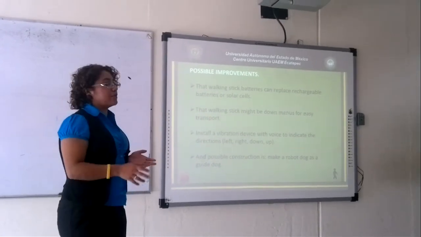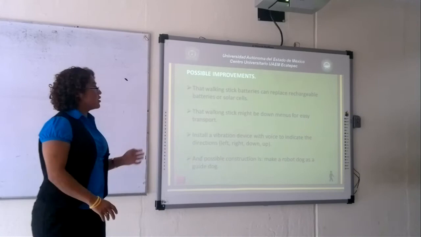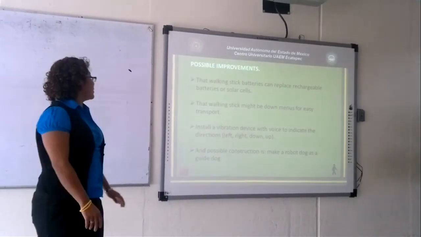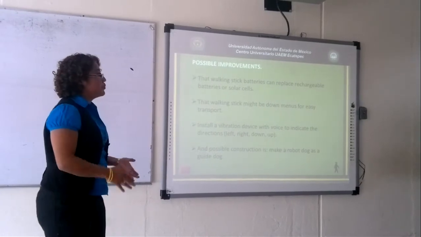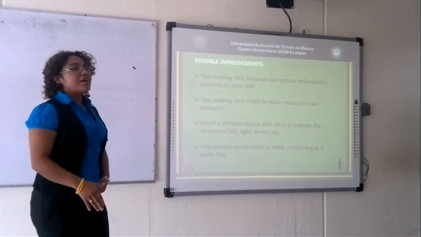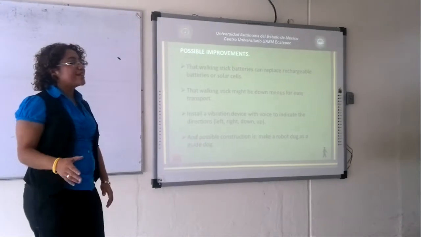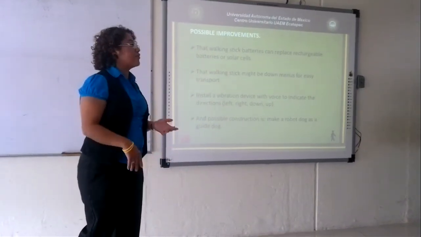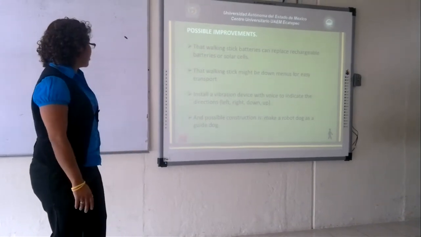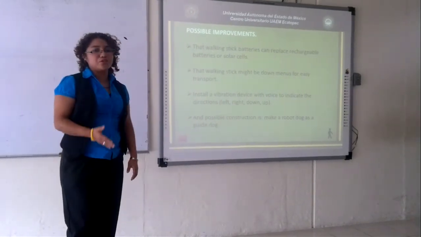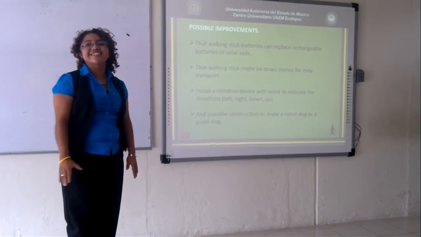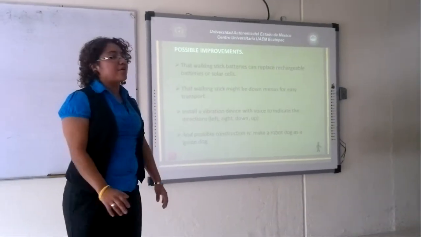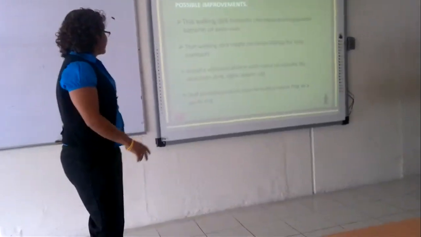The walking stick might be made for public transport, and maybe also install vibration with voice to indicate the direction: right, left, down, up. And possibly make a robot as a guide dog.